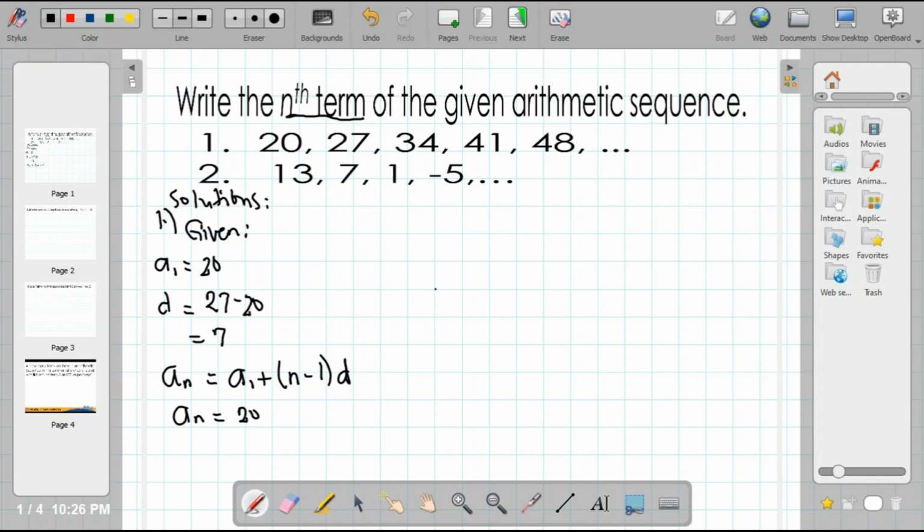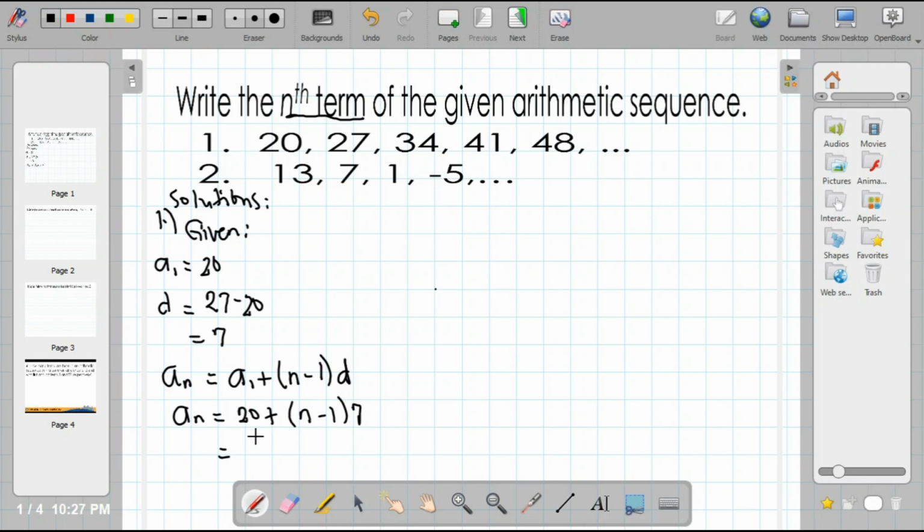A sub 1 is equal to 20 plus our n here is unknown. Since the value of n isn't identified, it doesn't say which term we're looking for, we just copy n in there, minus 1, times d, which is your common difference that we solved, which is equal to 7.